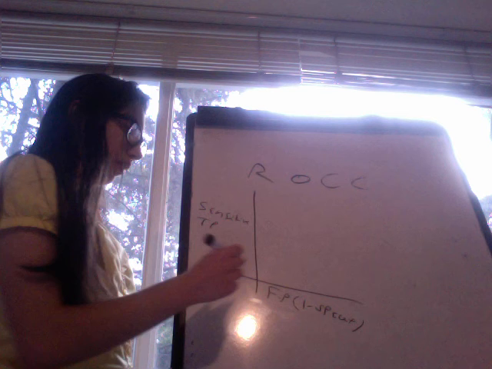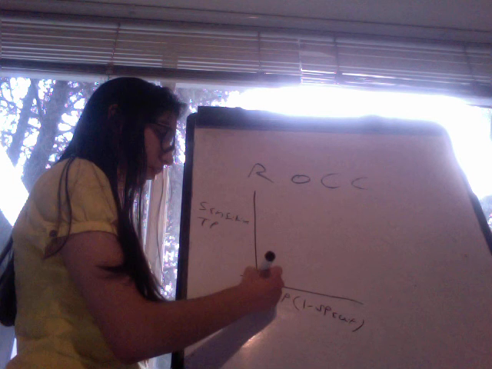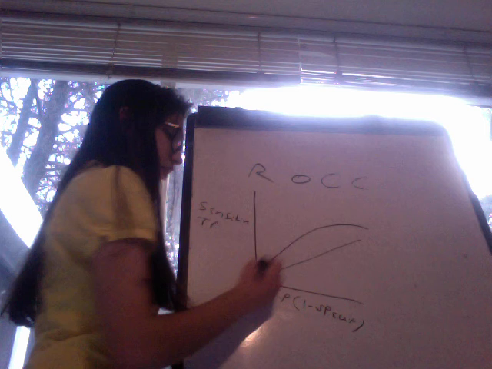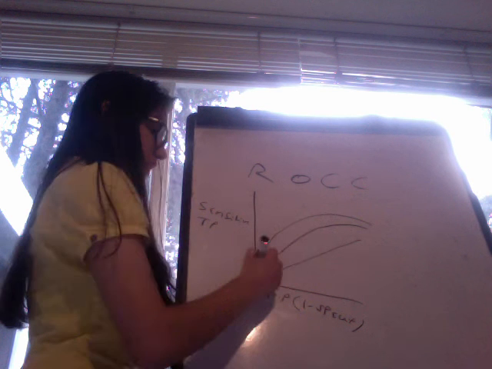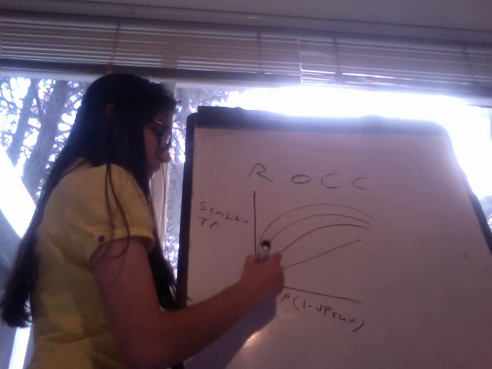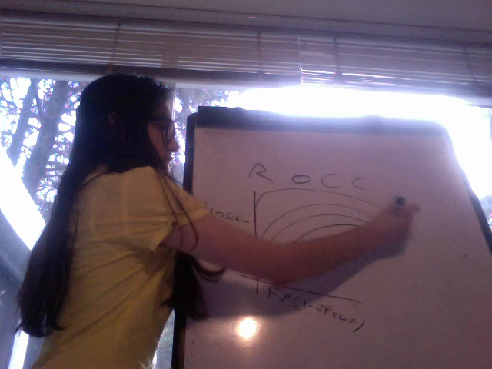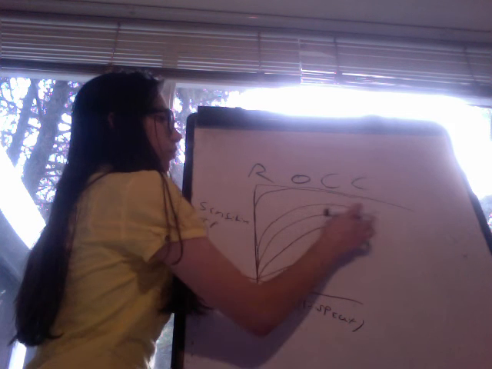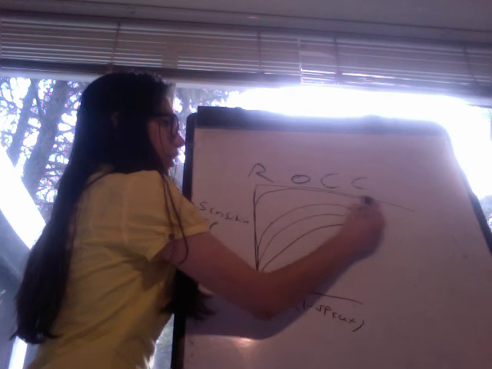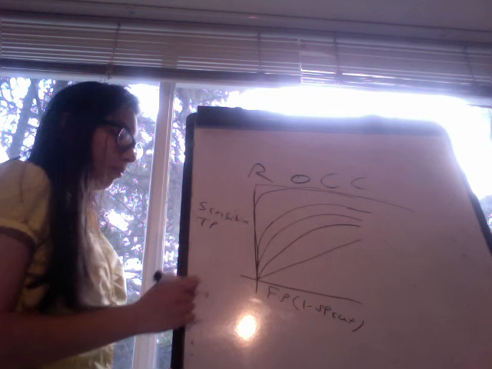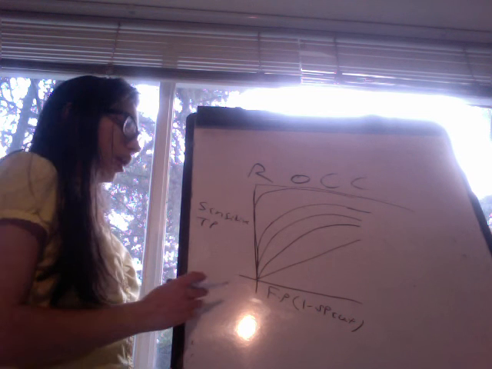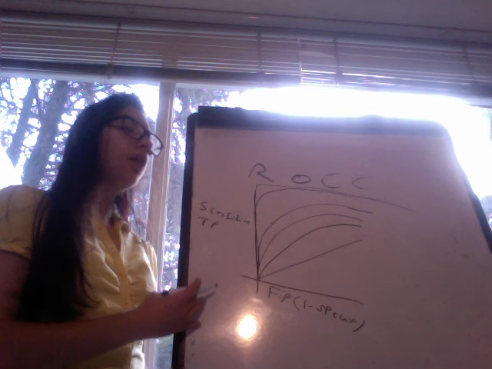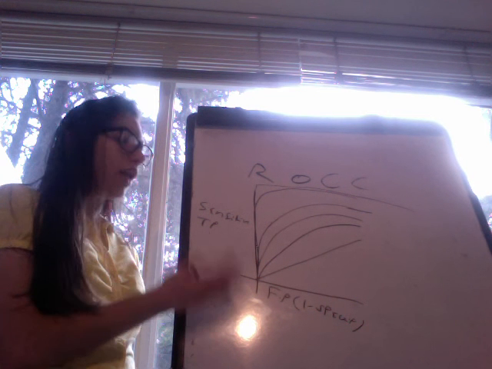We can have curves like this, like this, like this, and let's say like this, without the inclination, just like this. The best curve would be the one that represents the best screening test, that is, among sensitivity and false positive rate.